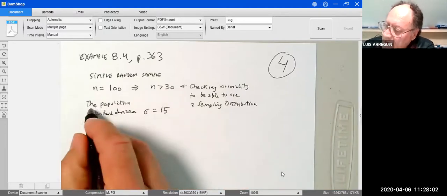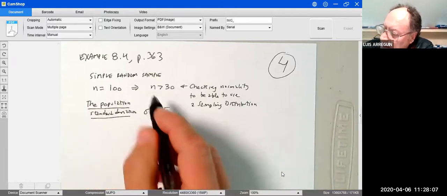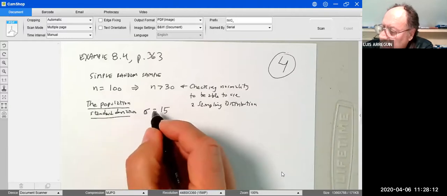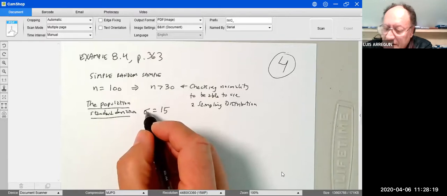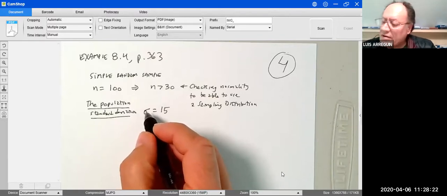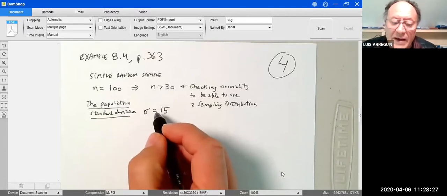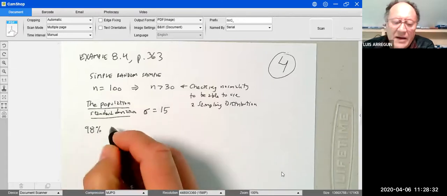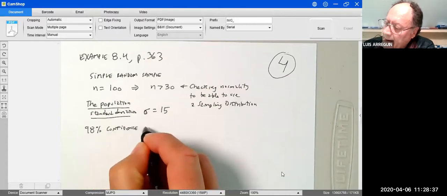So they say this is the population standard deviation. Sometimes they are not going to say that. They are going to give you this symbol, the Greek letter sigma. So that means that they are giving you a parameter. If they give you sigma or another Greek letter, they are giving you information about the population. If they give you s equals 15, then they are giving you values from a sample. So then we need to compute the 98% confidence interval.